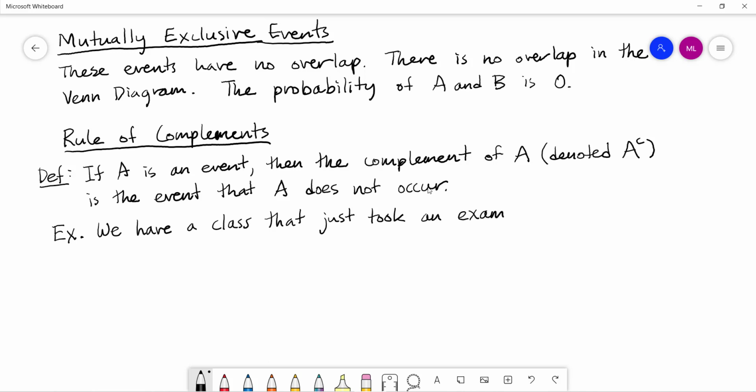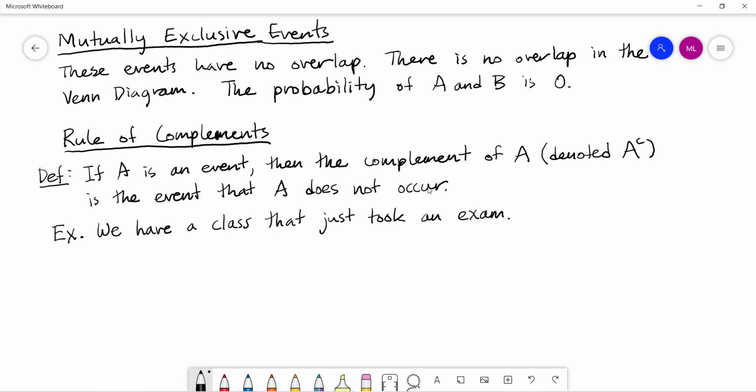And we haven't gotten the results back yet. So maybe in this case, the class just took an exam, and we're interested in the probability that, let's say that at least 18 of the people got at least a B or something like that.